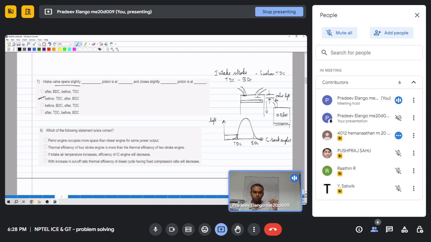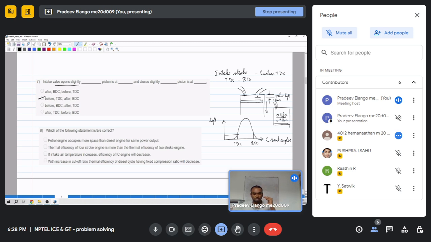If you allow it to stay there for some time, the flow will still continue and the pressure will go to, say, 0.9 bar. That means we are taking in more air just because we are allowing it to stay there. So to make it happen, we keep the valve open for some more time after BDC also.